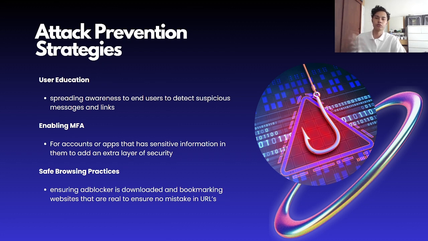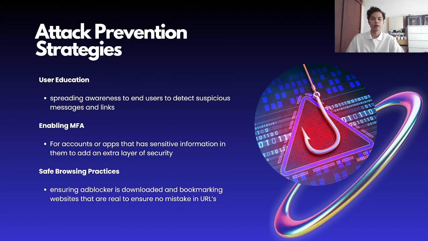And for phone phishing, do not accept any random calls, especially when they come from random numbers. Next, we have enabling multi-factor authentication, for accounts or login apps that contain sensitive information. By enabling MFA, it adds an extra layer of security to the account in those apps.